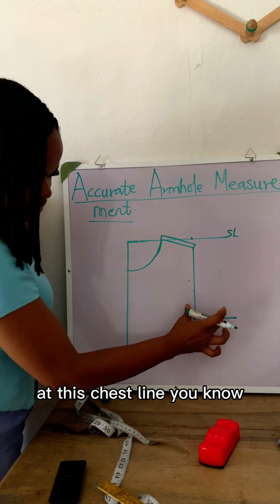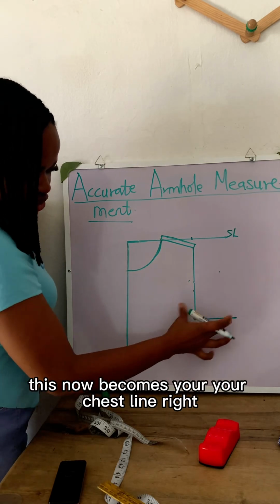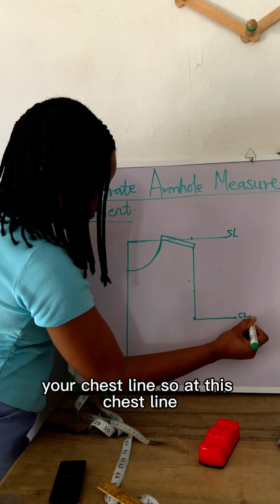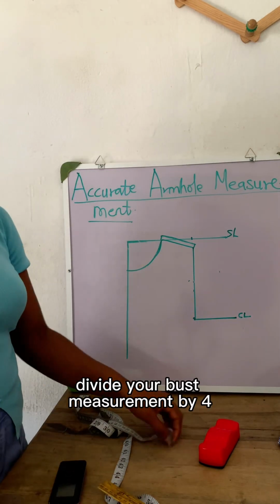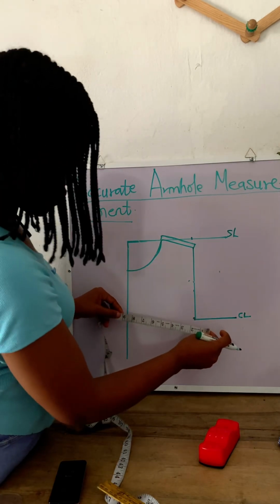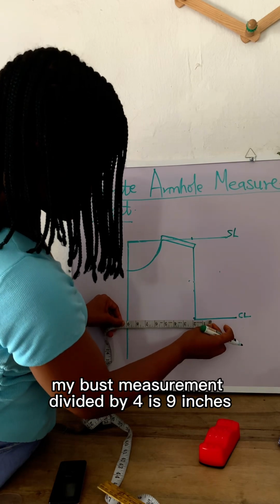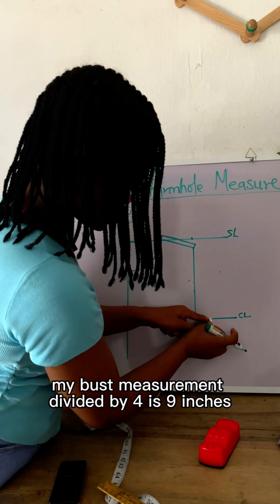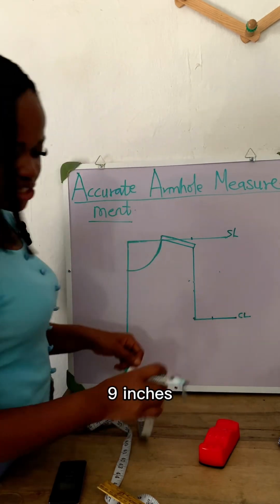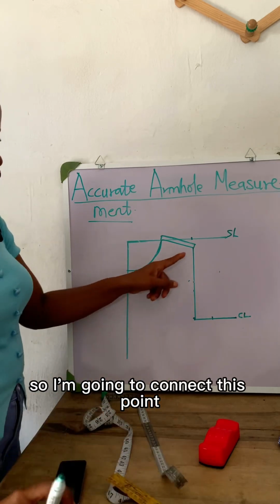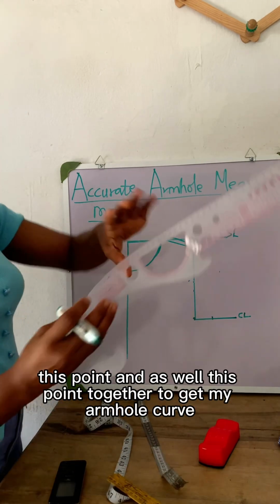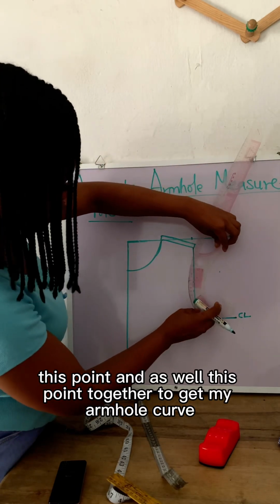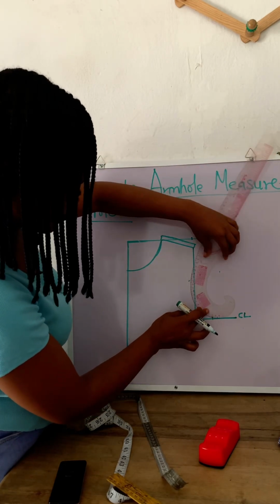You know this now becomes your chest line, right? At this chest line, divide your bust measurement by 4. My bust measurement divided by 4 is 9 inches. So I'm going to connect this point and this point together to get my armhole curve.